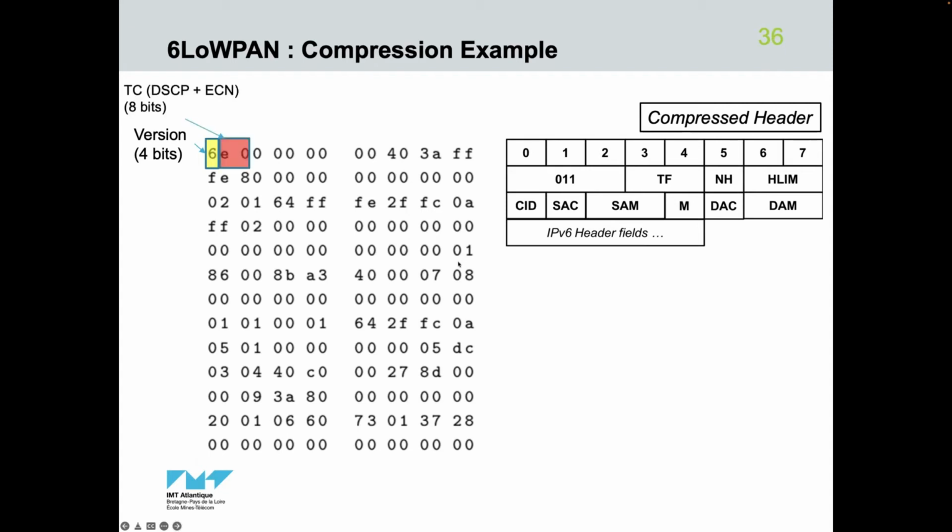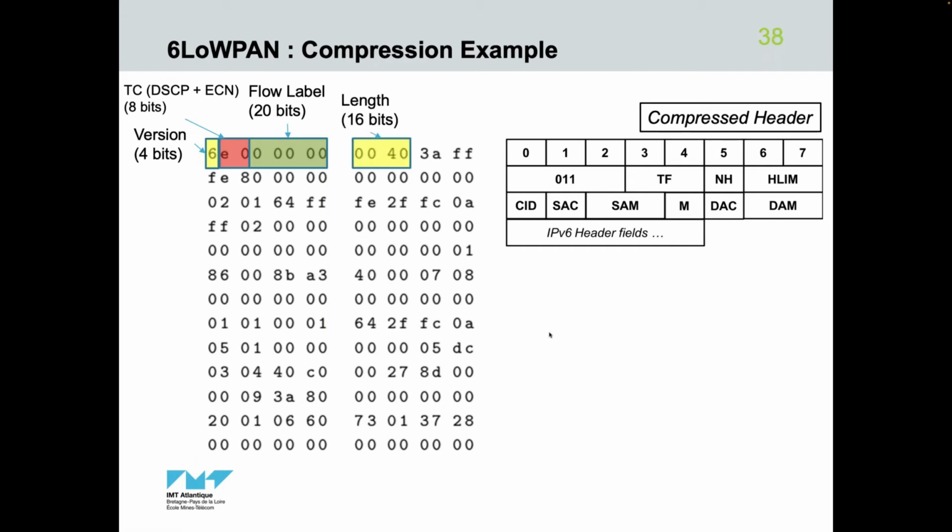Then the second field is the traffic class, which consists once again of 8 bits, and it represents two values: the differentiated service and the explicit congestion notification, so ECN. Then we have the 20-bit flow label field, which is used as an identifier by a source node to label the IPv6 packets that belong to the same flow.